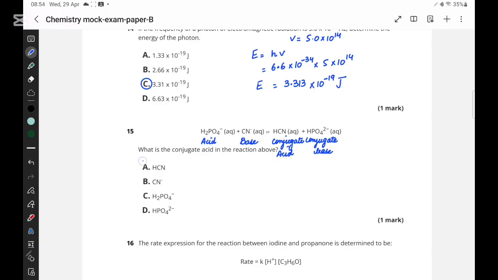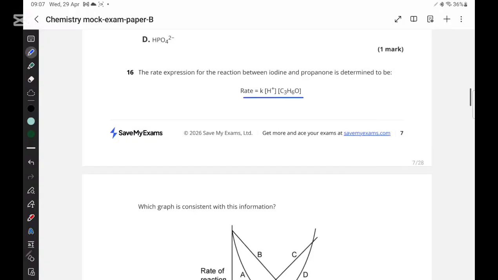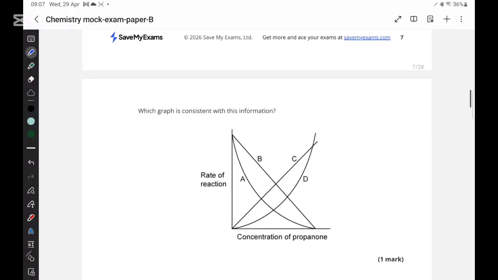So our answer is going to be HCN. For the next question, they are saying the rate equation for the reaction between iodine and propanol is determined to be rate equals k times the concentration of hydrogen ion times propanol. Which graph is consistent with this information? They have plotted a graph of rate of reaction against the concentration of propanol.